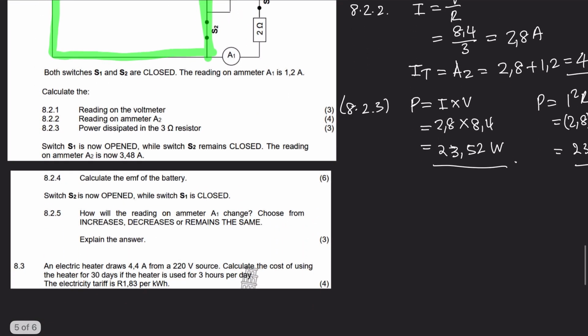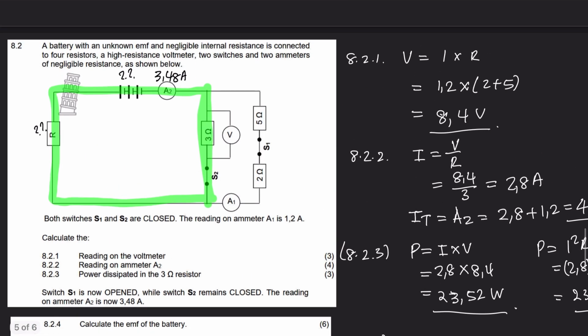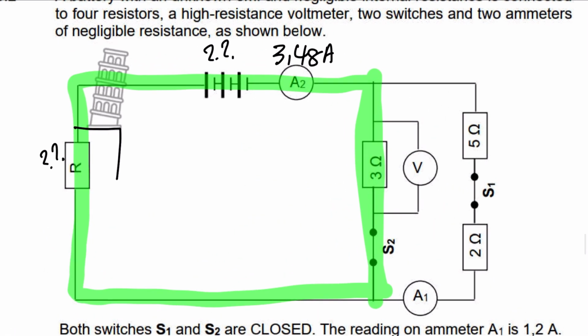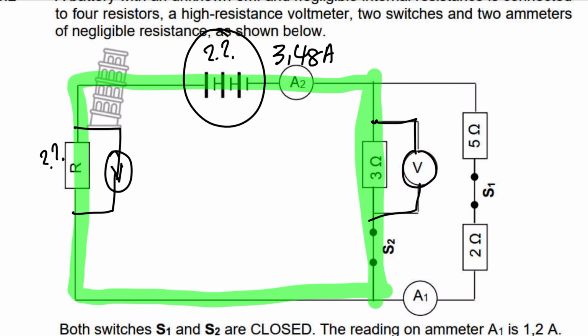So let's look here, 8.2.4. Now what do we know? We know that the voltage that's being used up here, whatever that voltage is, plus the voltage that's being used up here, is going to equal the total voltage.